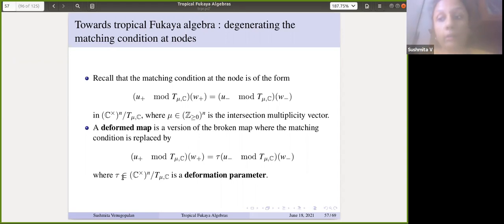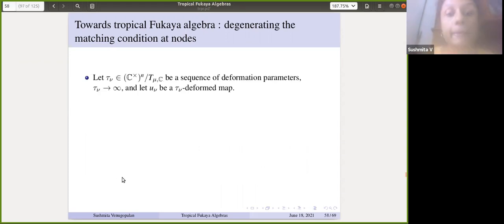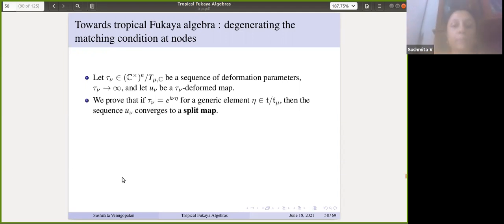Earlier, we didn't require a toric structure at all. What we did there was we increased the deformation parameter to infinity. So we do the same thing here. We consider a sequence of deformation parameters and let them approach infinity. And if you have a sequence of tau nu deformed maps, we examine their limit.